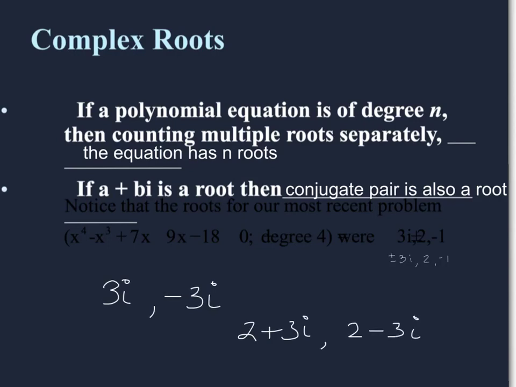And that's what this slide is saying. So if a polynomial equation is of degree n, counting the multiple roots separately, the equation has n roots. And if a plus bi is a root, then the conjugate pair is also a root. And if you look at our previous solutions, the conjugate pairs existed together.